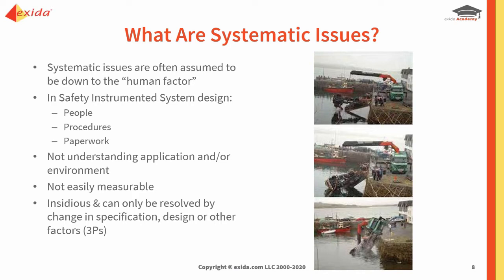So from a safety instrumented system design point of view, we can help prevent the introduction of systematic issues by addressing the 3 Ps. We make sure our people are properly trained and competent to carry out the life cycle tasks they've been assigned, that we have properly documented procedures that are easy to understand and that are being followed.